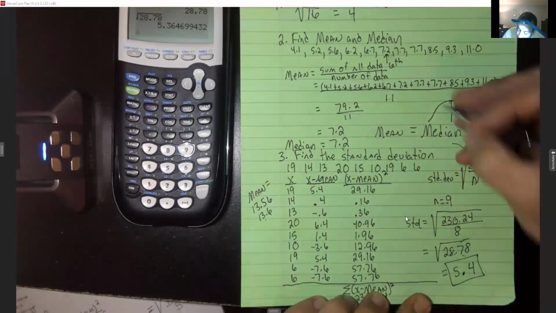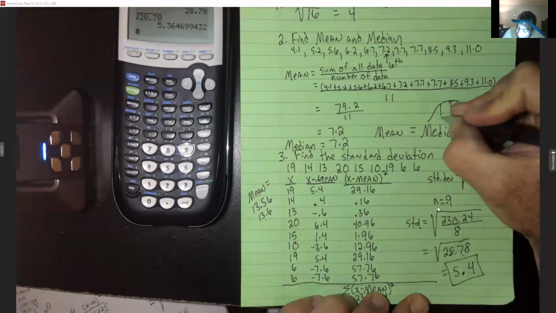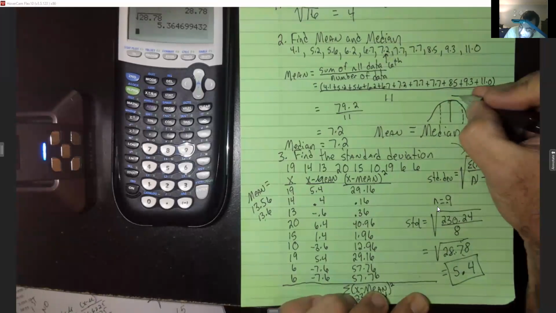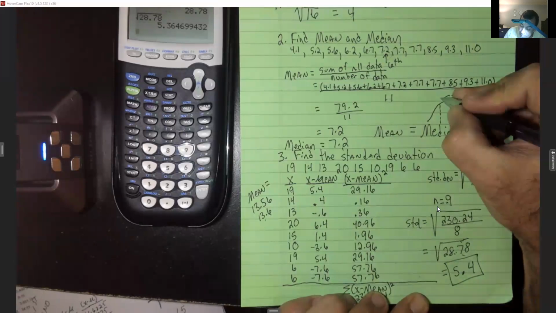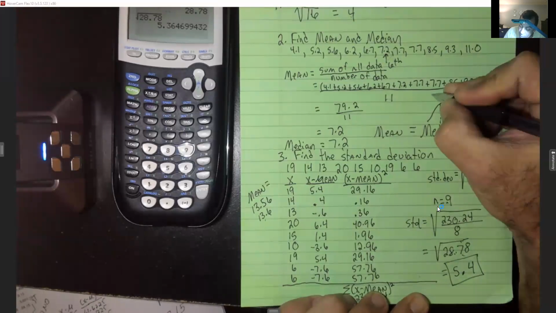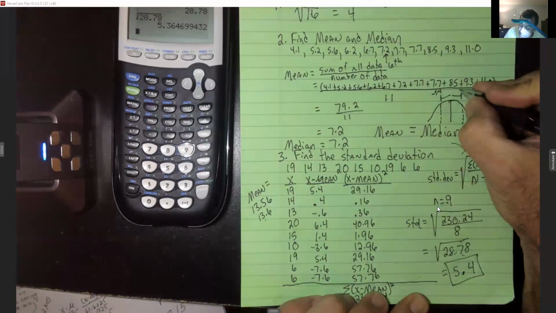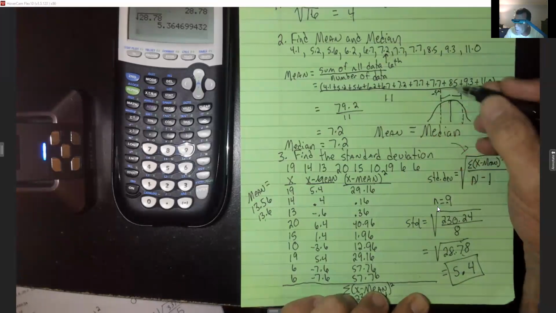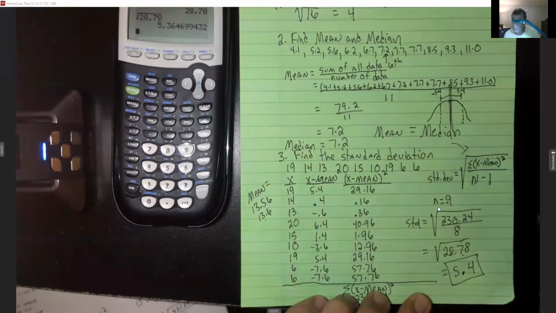So that means on either side of our mean that most of our data is within negative 5.4 or positive 5.4 from our mean, or our average, okay?